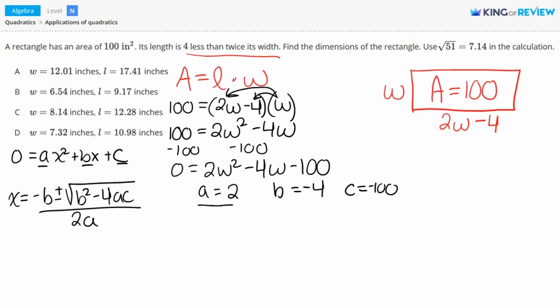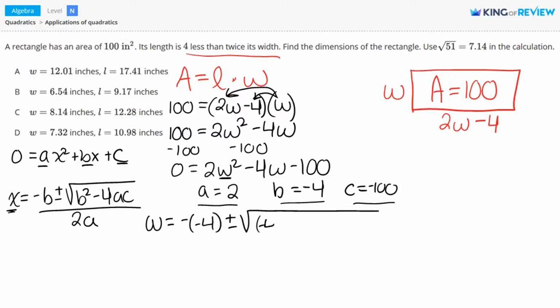Now, let's use these three values in the quadratic equation. The quadratic equation solves for x, and in our case, we're solving for w. So we have w equals minus a negative 4 plus or minus the square root of negative 4 squared minus 4 times 2 times negative 100, and this is all divided by 2 times 2.